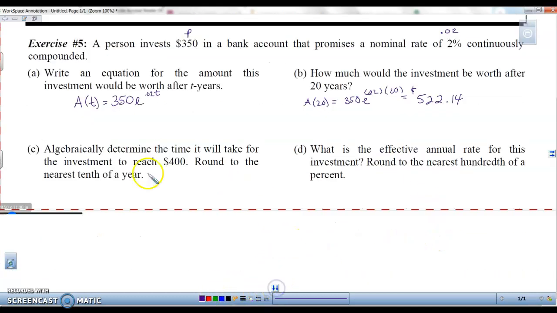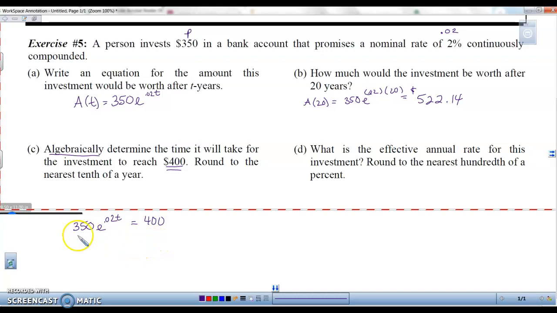Okay, then it says, algebraically determine the amount of time it will take for the investment to reach $400. So we want this investment to equal $400. So the formula, remember, is 350 e to the 0.02t, and we want that to equal $400. So once we do that, it's just solving a natural log equation.